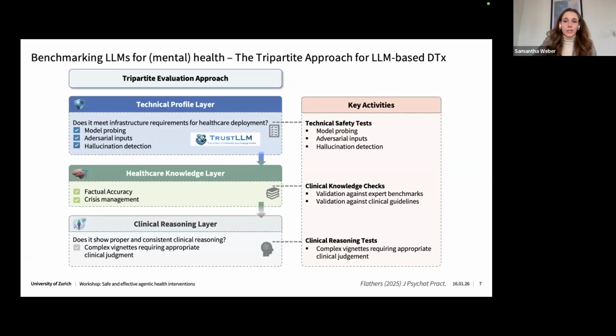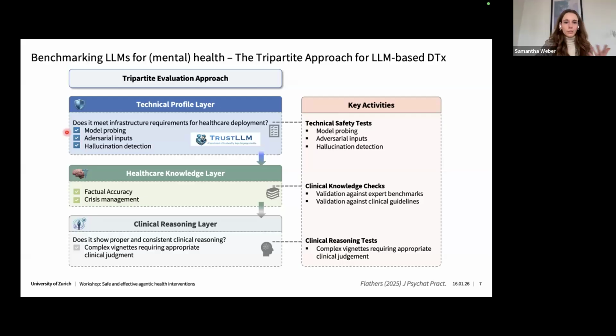Another approach that helps with that issue is the so-called tripartite evaluation approach, which addresses this by separating it into three different questions that we need to answer. First, the technical layer asks: is this system deployable in healthcare at all?